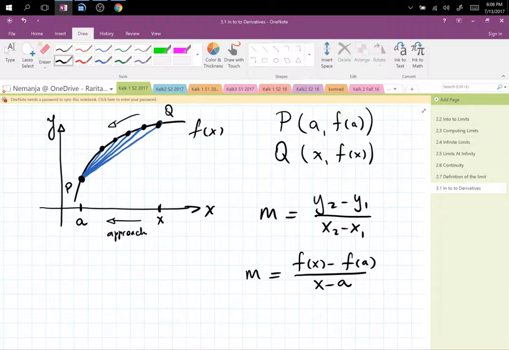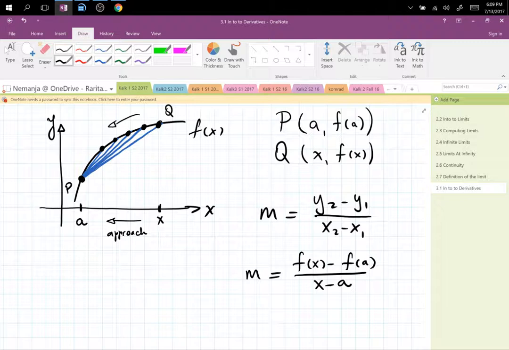And this is from algebra. This equation is from algebra, and we just replace the function in it, but it's still an algebraic equation. And observe that this is going to be valid for any blue line that you can possibly think of. But you know what's going to happen eventually? This point Q is going to collide with P, and they are going to occupy the same point in space. Now, what happens at that point?